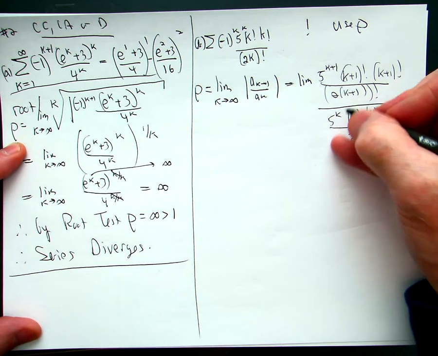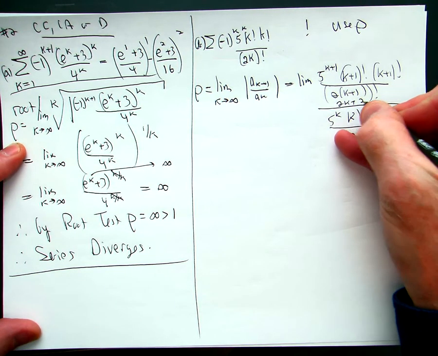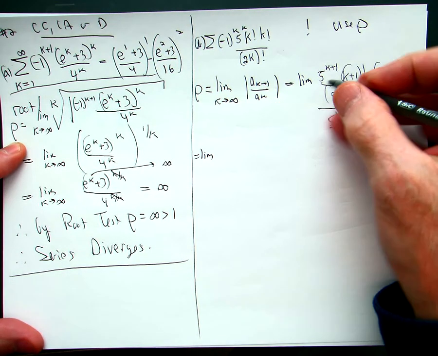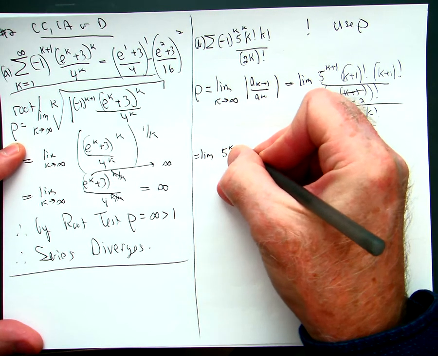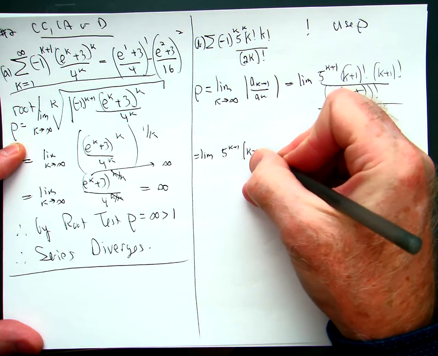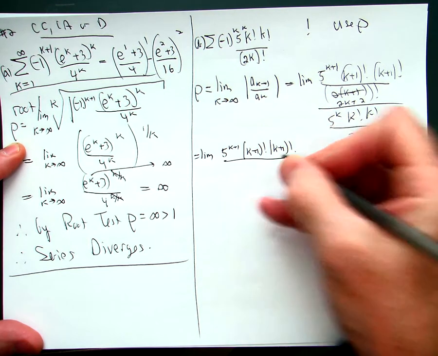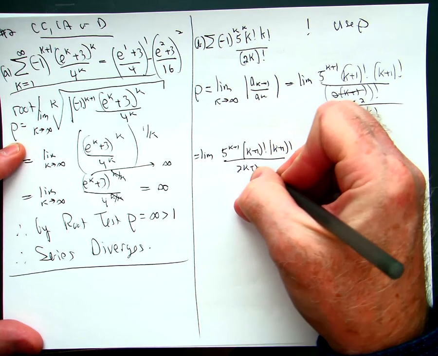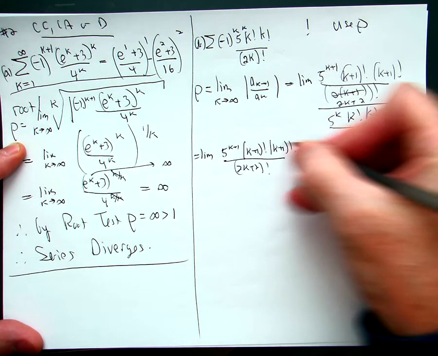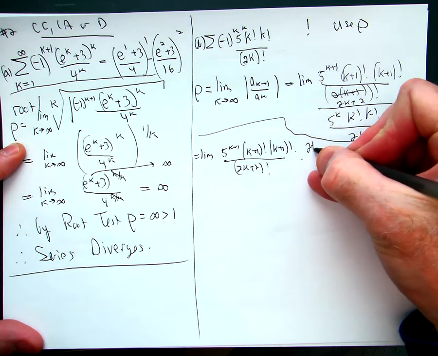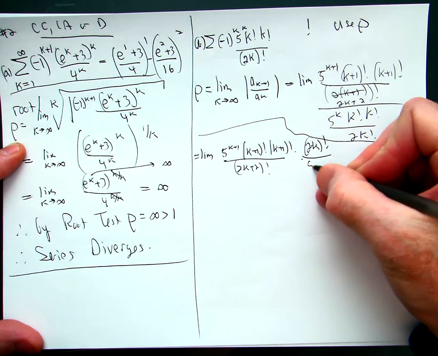This is going to be 2k plus 2 factorial. So over here, I'm going to gather like terms. I'm going to get a 5 to the k plus 1 over k plus 1 factorial, 2k plus 2 factorial. Sorry, I'm going to invert and multiply first. So when I flip things over, I get 2k factorial over 5 to the k.